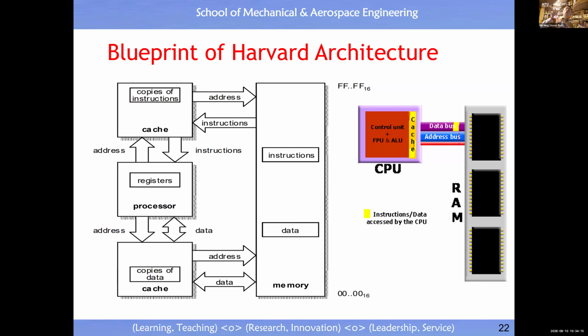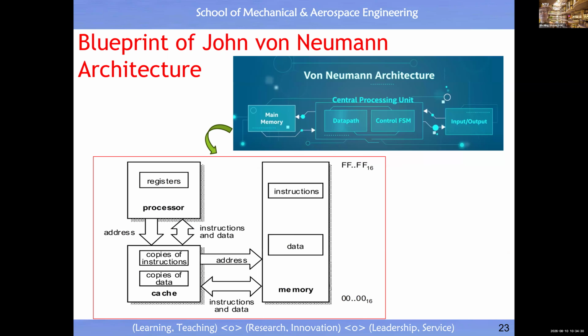The storage unit is split into two: one is for the storage of data, another is for the storage of the program. But that kind of improvement is trivial. It's not very critical.